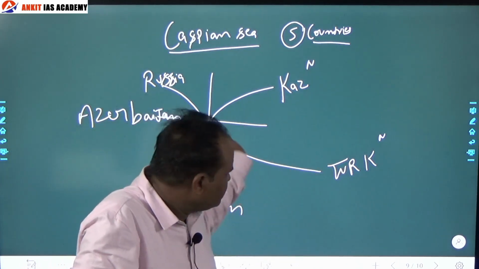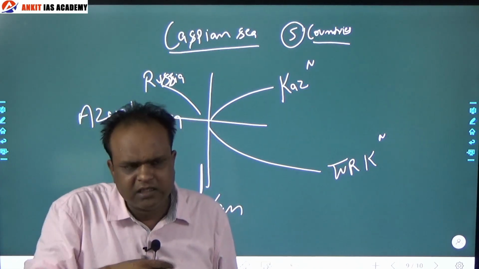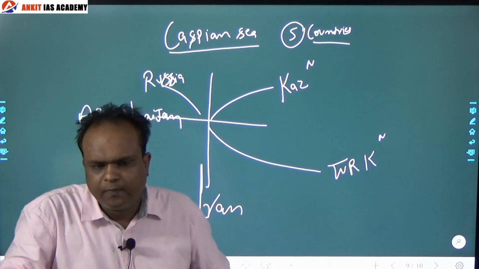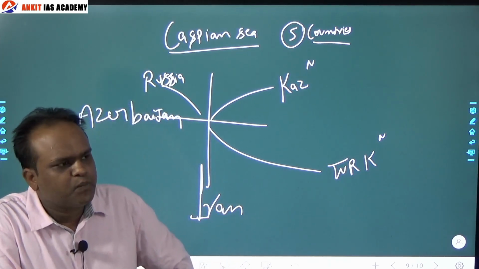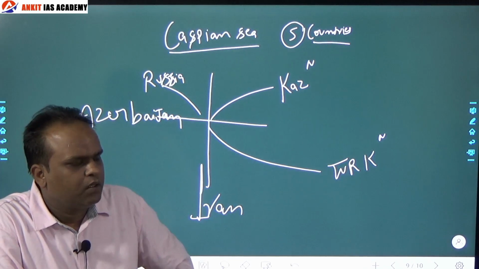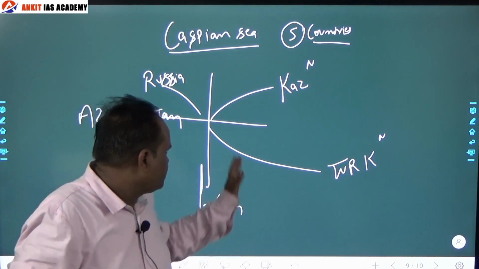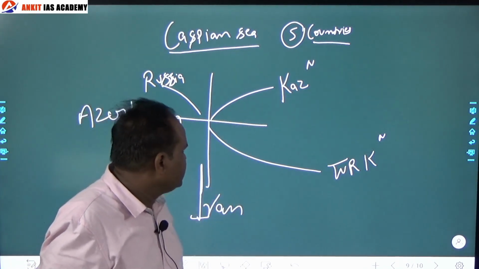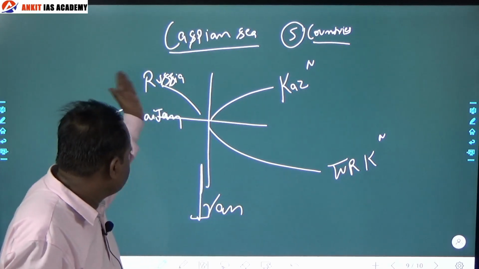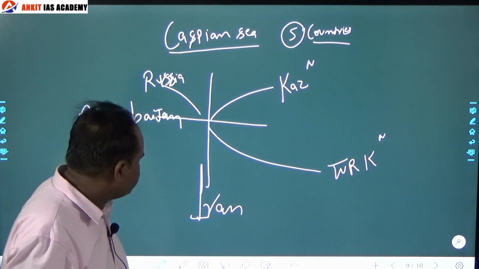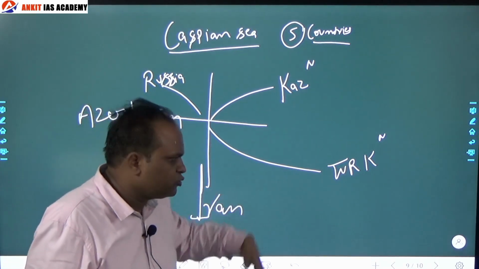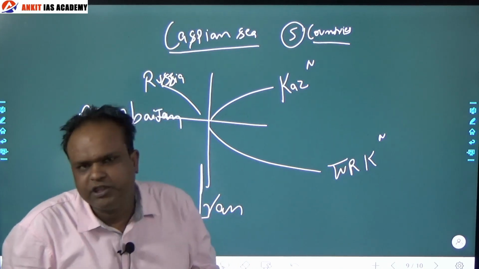Draw this diagram and highlight it, it is available in your atlas, to the eastern side of Europe. Northeast Kazakhstan, northwest Russia, Azerbaijan to the west, Iran to the south, and Turkmenistan to the southeast.